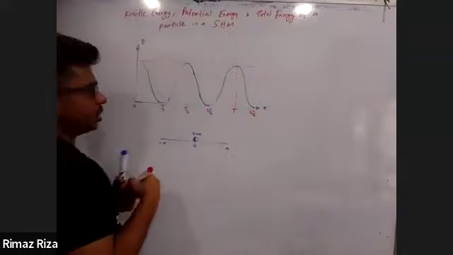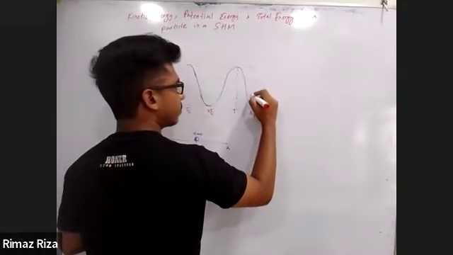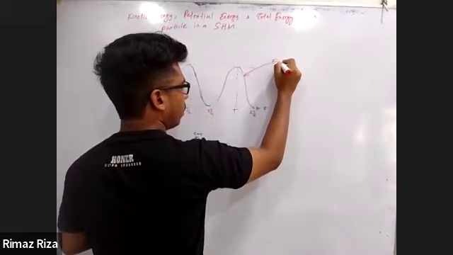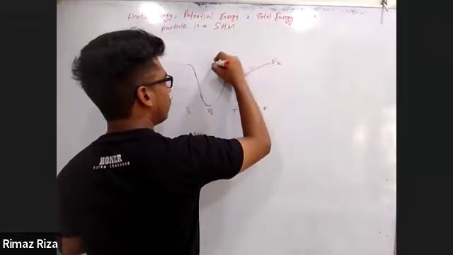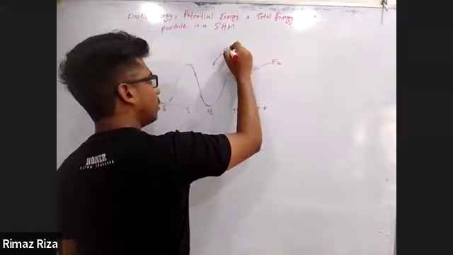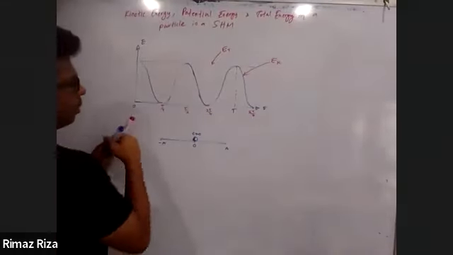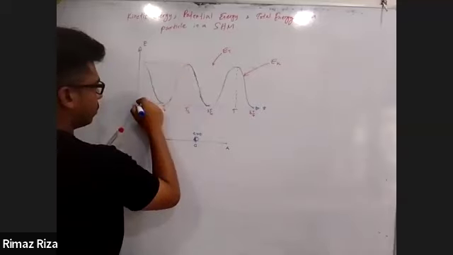So this is kinetic energy, E k, and this is total energy, E t, and the potential energy will be the other way around.